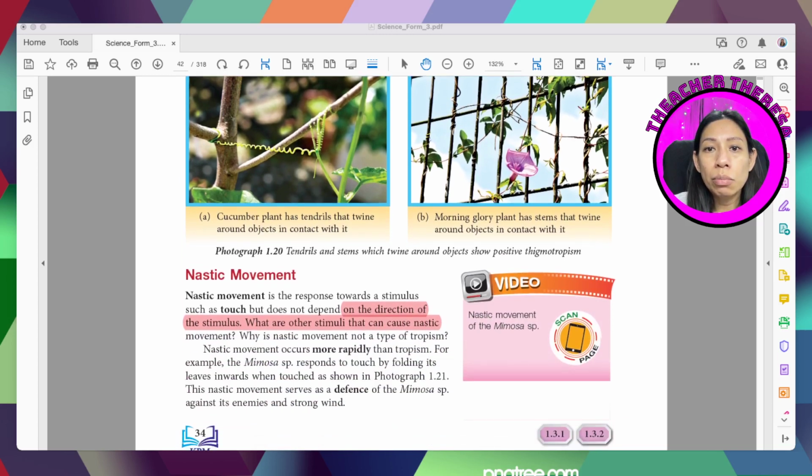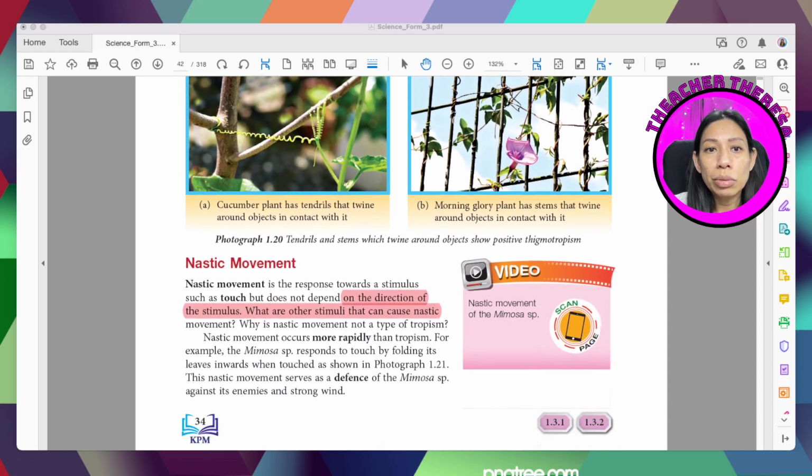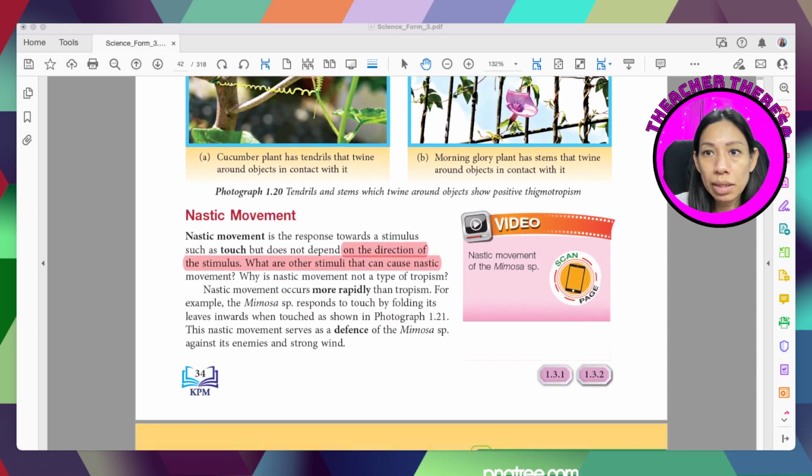And nastic movement is actually not a response towards a stimulus direction. It is a movement that doesn't have direction. That's why it is separated from tropism. Nastic is just a movement. It is not tropism.